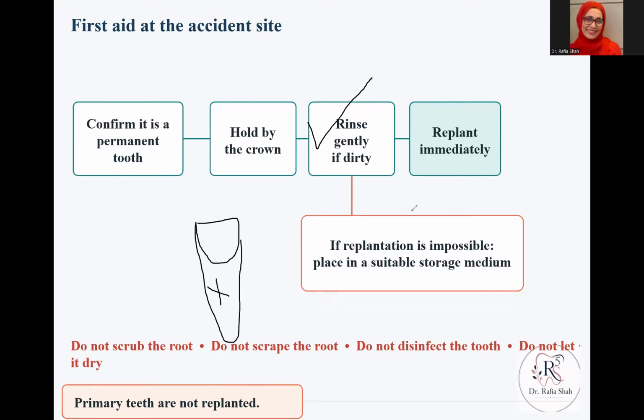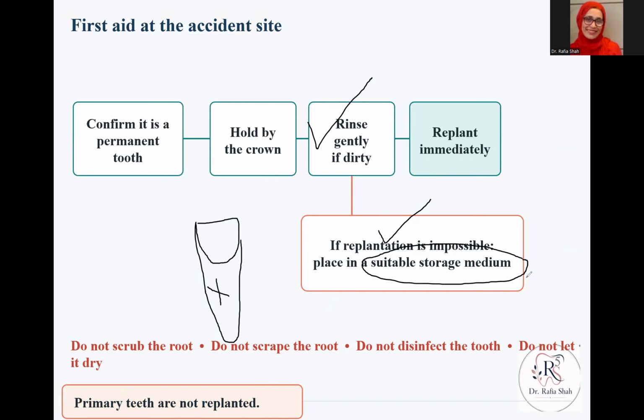If replantation is possible and you see that the tooth is not dry, there is sufficient PDL present and the dry time is not more, and you think replantation is possible, then you quickly place the tooth in a storage medium while you are preparing the patient, getting history from the patient, and asking questions from the attendant if the patient is young or a child. Till then you can quickly store the tooth in a storage medium.